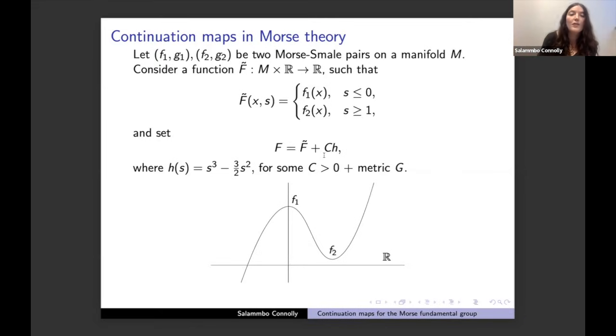And then you can, for example by adding h, build a function F on M times R such that the only critical points are critical points of f1 at s equal to 0 or of f2 at s equal to 1, and which is decreasing between the two, so that the flow lines go down from f1 to f2. And in particular, this shifts the index of critical points of f1 by 1.